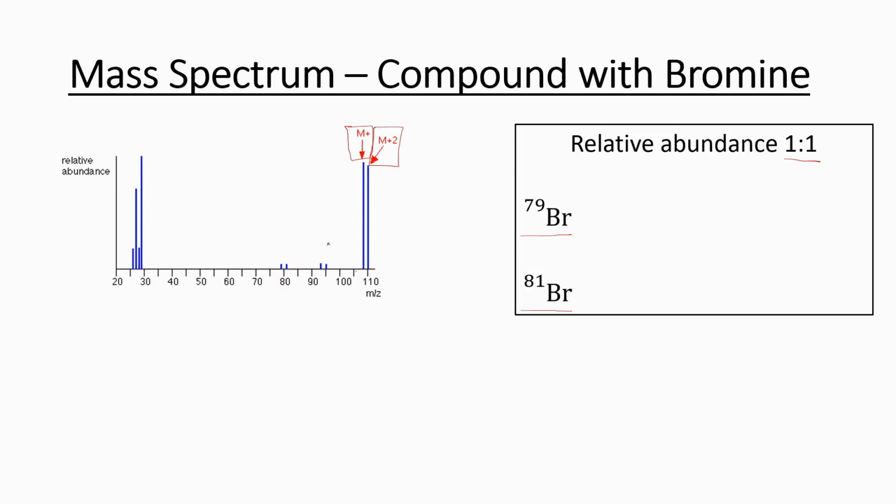And if you see this pattern where you have two molecular ion peaks which are equally abundant, and don't worry about the small difference here, that's insignificant, then it indicates that this compound contains bromine, and the M+ is a compound that contains Br79, and the M+2 molecular ion peak is the compound which contains Br81, and they are equally abundant because these isotopes of bromine are equally abundant. So they are incorporated equally frequently into these compounds.